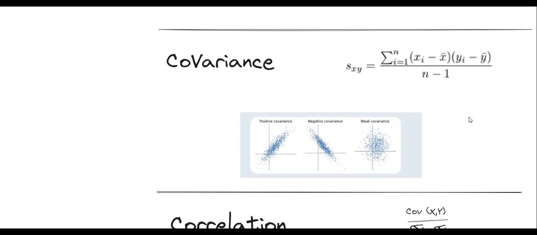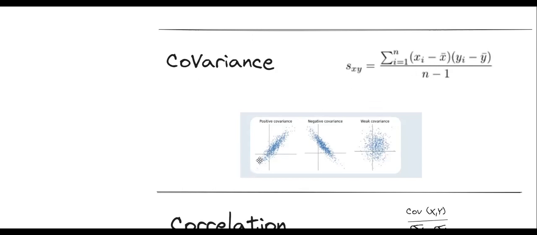We take the summation of the multiplication and then divide the whole term by n minus 1. So basically it is the summation of a person's attribute minus the mean of the first feature, times the person's attribute minus the mean of the second feature, added over the whole population of 100 and divided by 100 minus 1, which is 99. That is what covariance is.